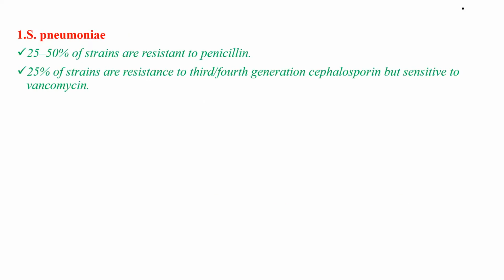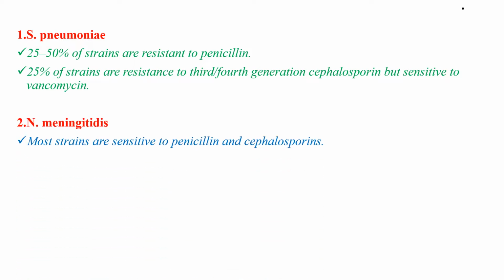When we see the three common causes of bacterial meningitis with their antibiotic sensitivity, the first is Strep pneumoniae. 25 to 50% of strains are resistant to penicillin, and 25% of strains are resistant to third and fourth generation cephalosporin, but they are sensitive to vancomycin.